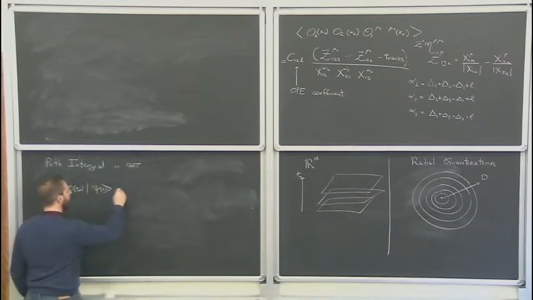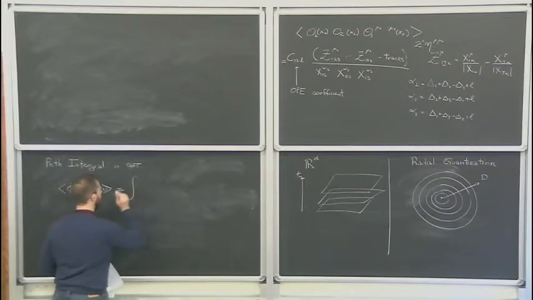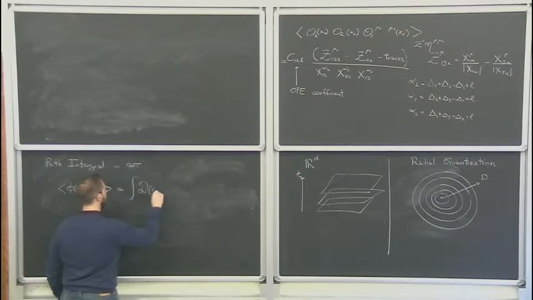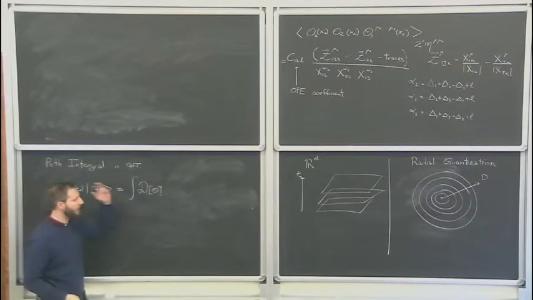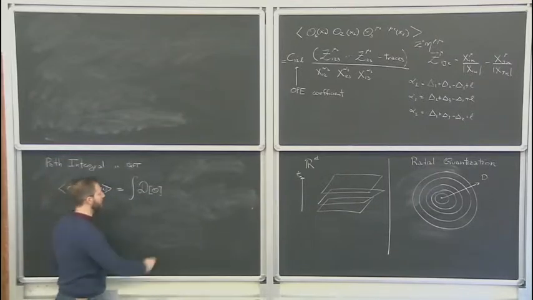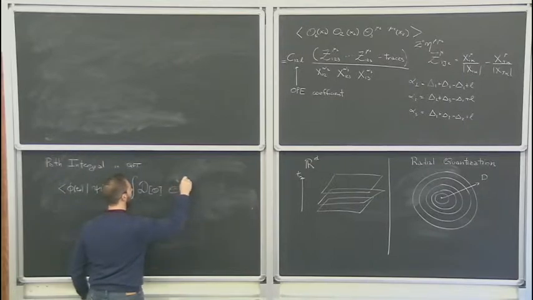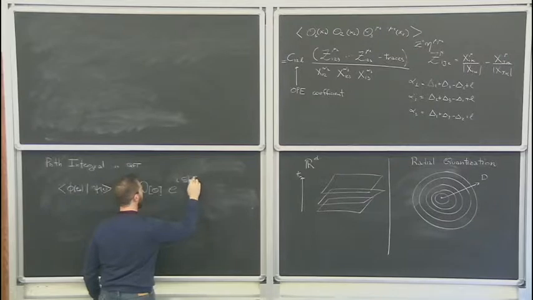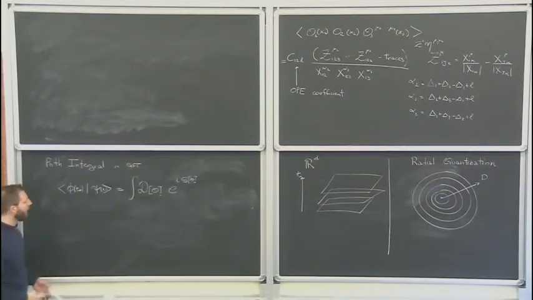And so in the path integral, this is given by an integral over all possible field configurations. Suppose your theory is defined in terms of some fundamental field O. There is an action which depends on the field O. And then you must specify some initial and final condition.